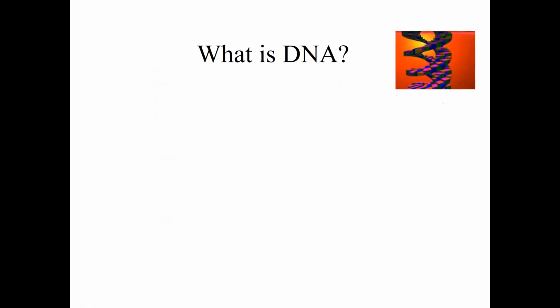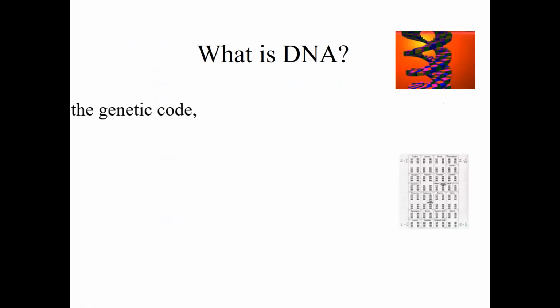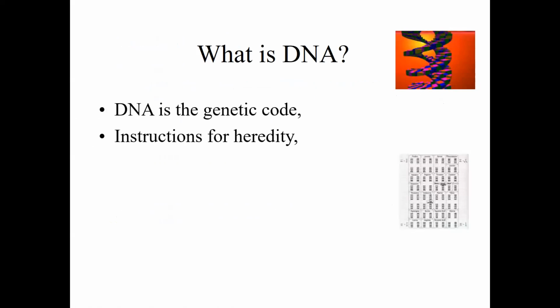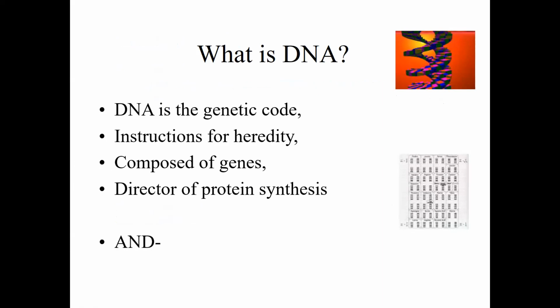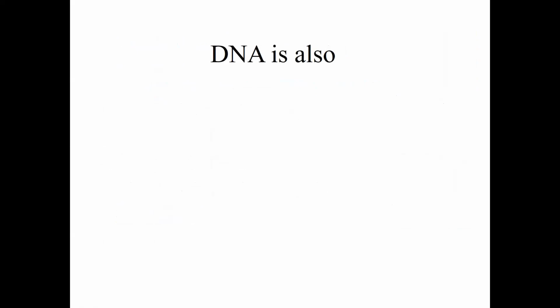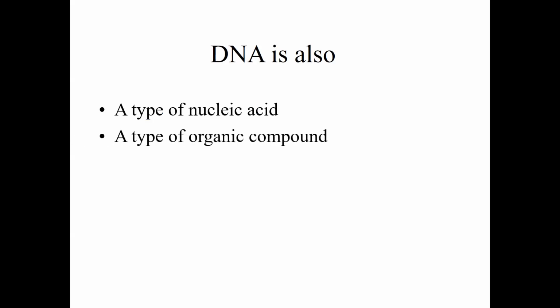What is DNA? DNA is the genetic code, instructions for heredity, composed of genes, director of protein synthesis. DNA is also a type of nucleic acid, a type of organic compound, because DNA is biosynthesized in the living cell.